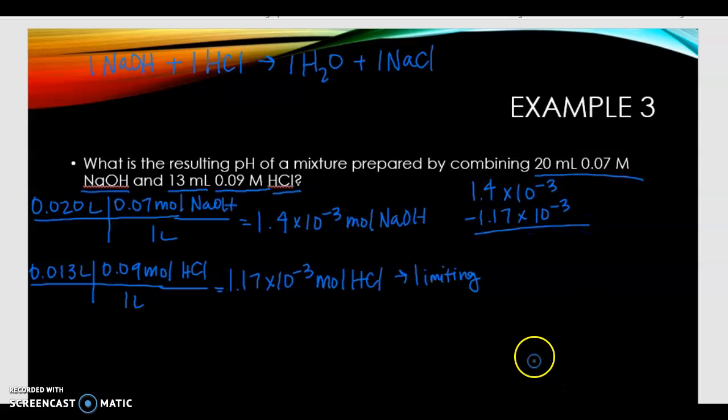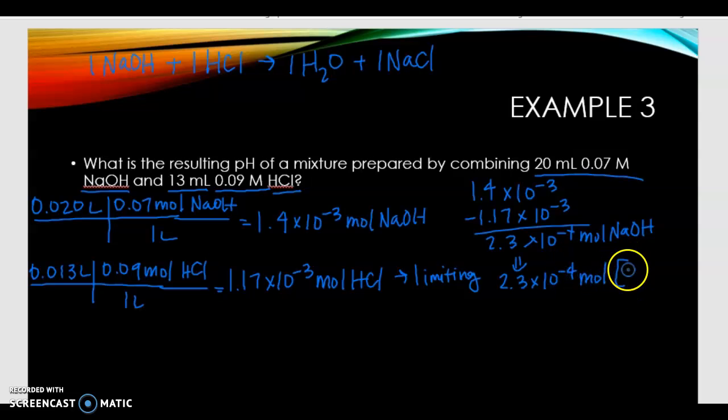We subtract those two from each other, we get 2.3 times 10 to the negative 4 moles of NaOH left over. Now, since we have a 1-to-1 ratio, since there is 1 hydroxide in NaOH, we are going to go ahead and say that there are really 2.3 times 10 to the negative 4 moles of our hydroxide ion. Because there's only 1 hydroxide in NaOH.